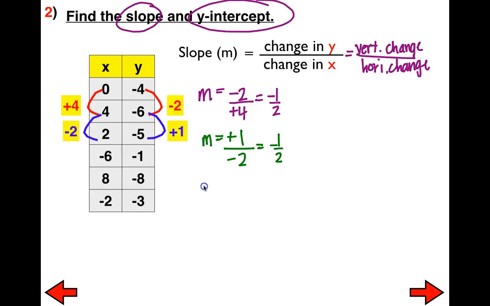I'm going to continue on. Here, my slope is going to be the change in y. So how did -5 become -1? It did get bigger by adding. So how much did we add? We added 4. And then what is my change in x? Well, it went from 2 to -6. It got smaller, so that's negative. But by how much? Here, just a quick reminder of how I would do this.